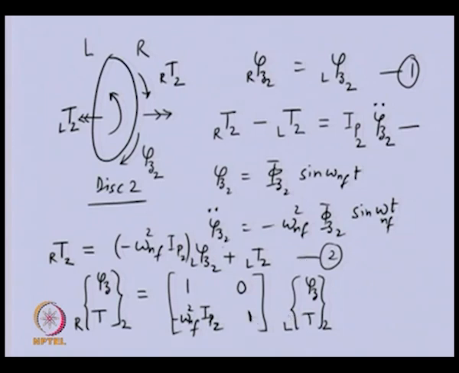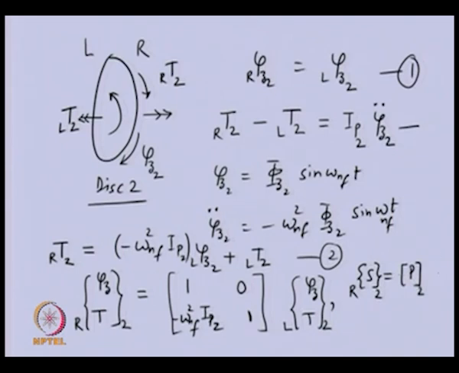This particular matrix we can write as, let us say, S is a state vector which is representing the angular displacement and the torque right of 2, and this particular matrix I am calling the point matrix P corresponding to disk 2, because you can see the disk 2 polar mass moment of inertia is appearing here. So, that subscript is representing that this point matrix belongs to disk 2.